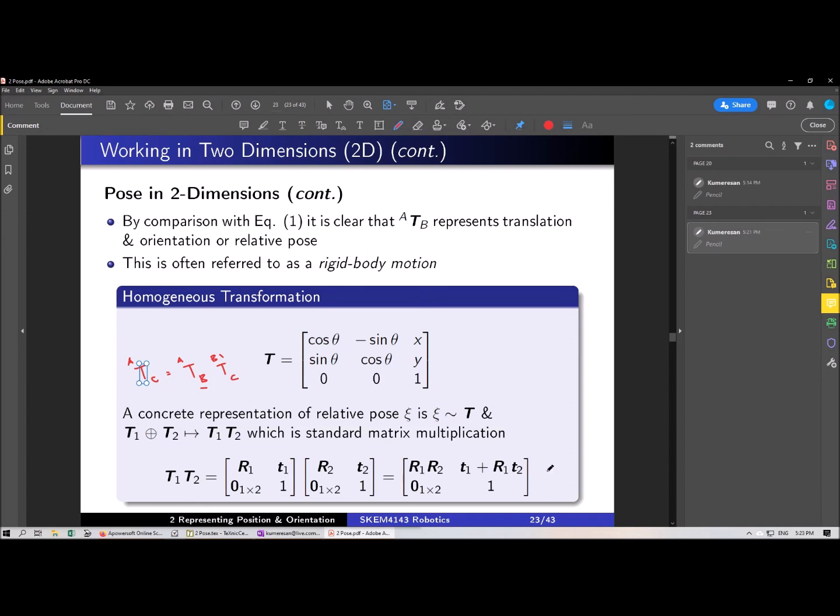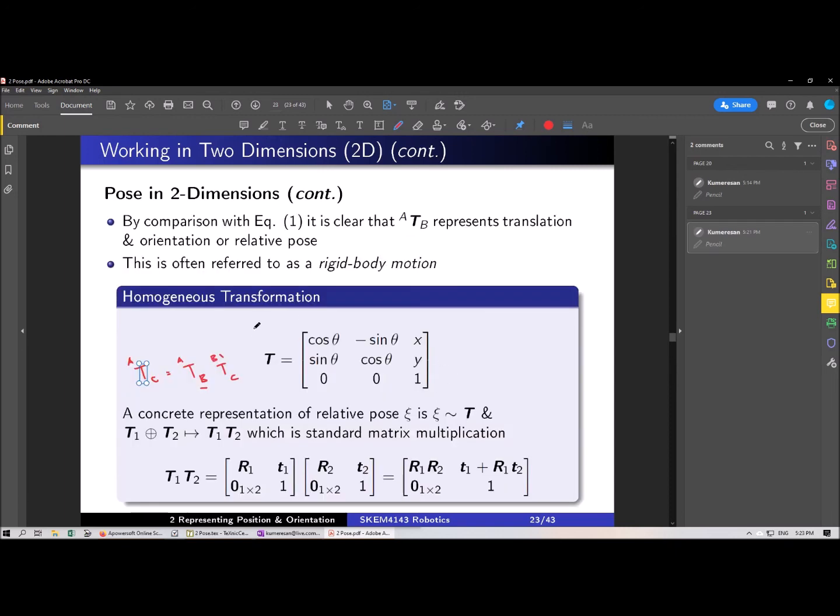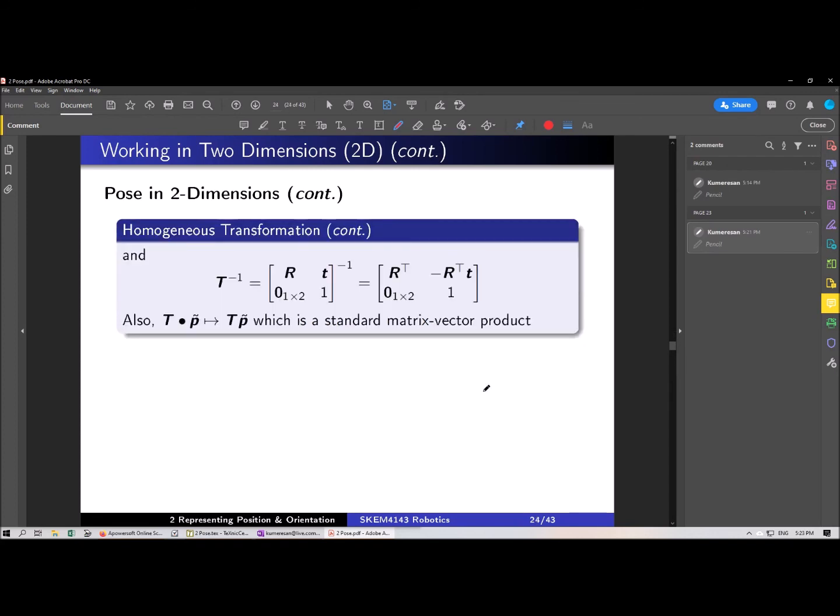Maybe you can use this as a way to check whether your answer is correct or not. And the inverse, once again, you can do it using a calculator, but as a way to check, the inverse is just this part. The 2 by 2 component here is just the transpose of the rotation matrix, and the last column is just this, and the last row is always 0, 0, 1. When it comes to a homogeneous matrix, the last row is always 0, 0, 1, no matter what you do.